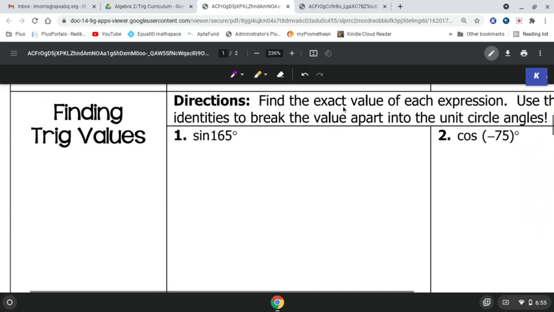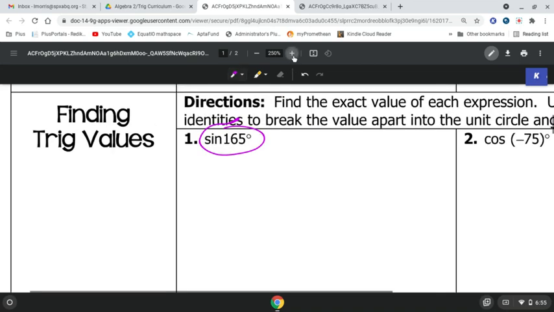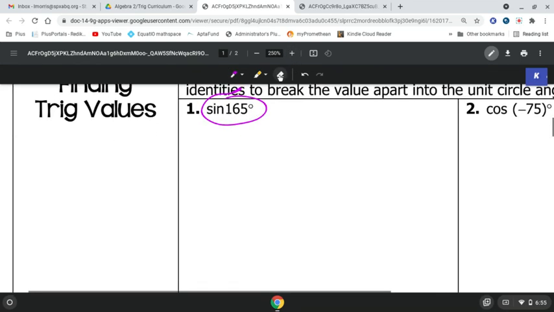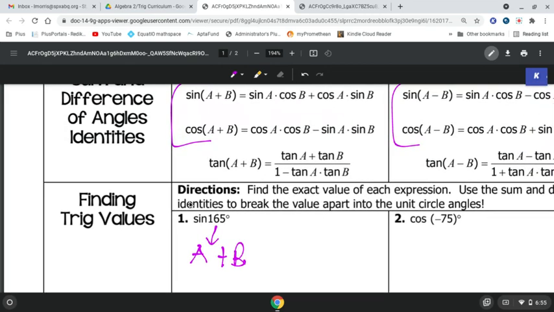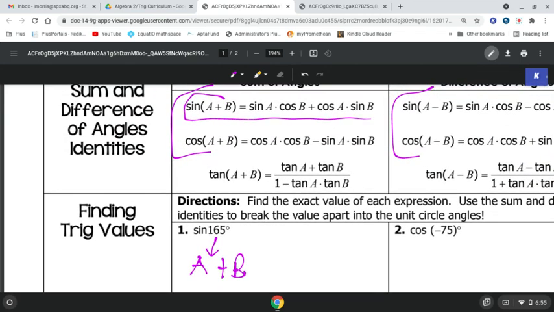Our goal is to find the exact value of sine of 165 degrees. Now, what we're going to do is first of all, break 165 up into something, which we can call A, plus something else, which we can call B. Then that's going to allow us to use, since it's sine, this formula.